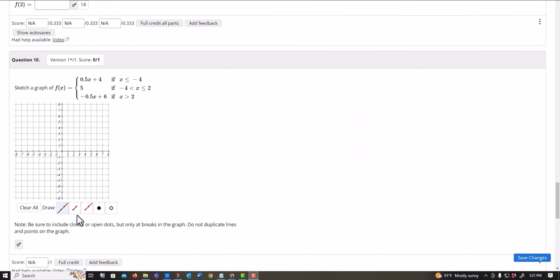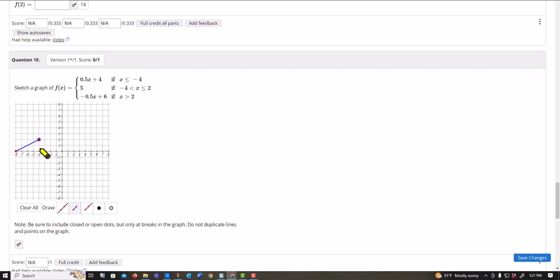Okay, let's see if I can draw this. So I know my first one was at -4 and 2. So I just want that one. And I want to go, remember it kind of touched there, and this was a closed circle.